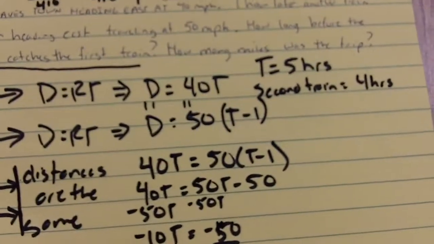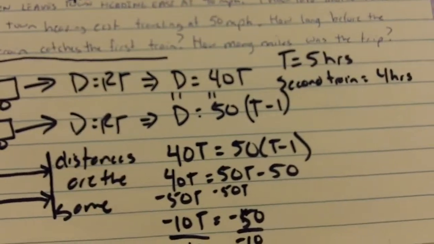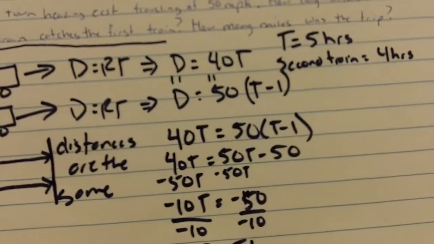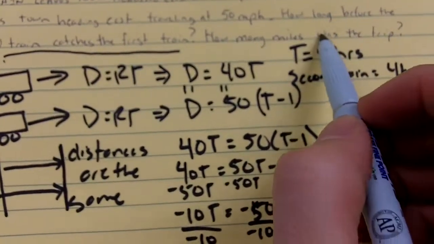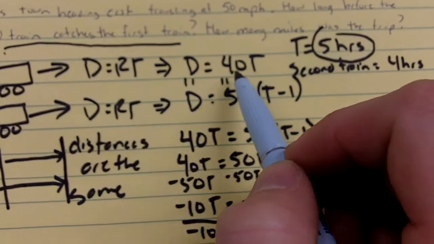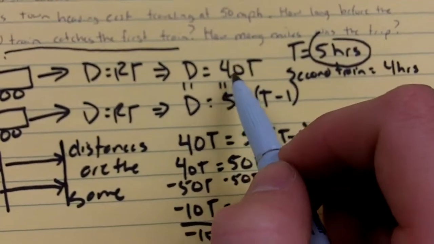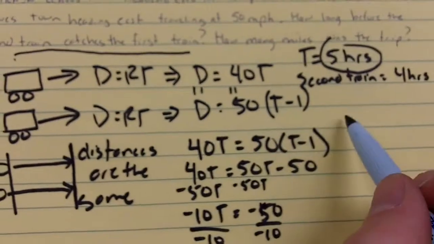The other question I have to answer is, how many miles was the trip? How can I figure that out? Well, the easiest way to figure that out is, I know t was 5 hours. So if I go back and look at the first train, if t is 5 hours, then I can figure out d, how many miles, it's a distance. 40 times 5 equals the distance.